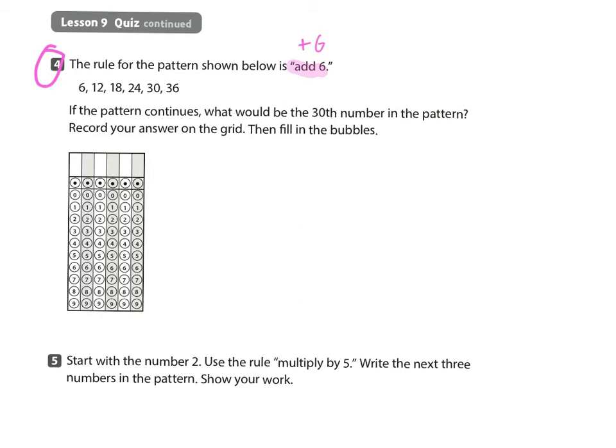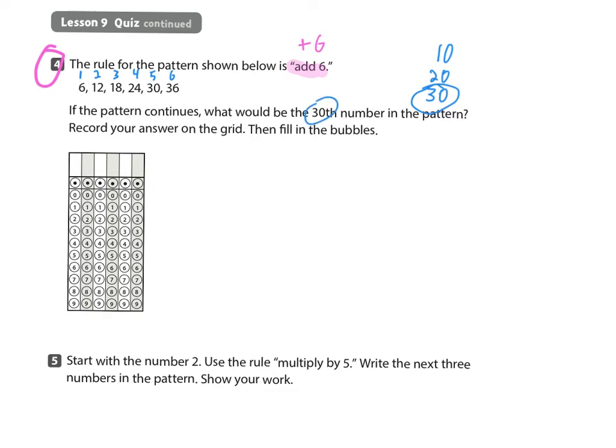Keep in mind, this would be the first one, this would be the second, third, fourth, fifth, sixth. So think to yourself, what would be the 10th number in the pattern? What would be the 20th number in the pattern? Then what would be the 30th number in the pattern? We're looking for the 30th.